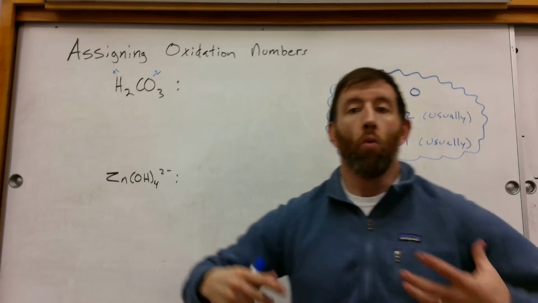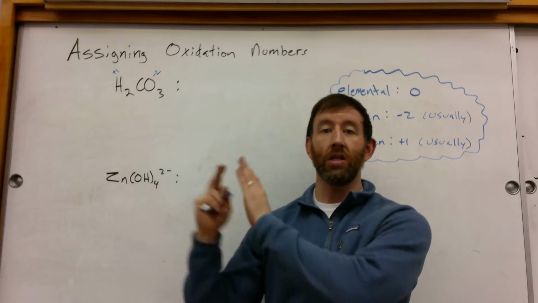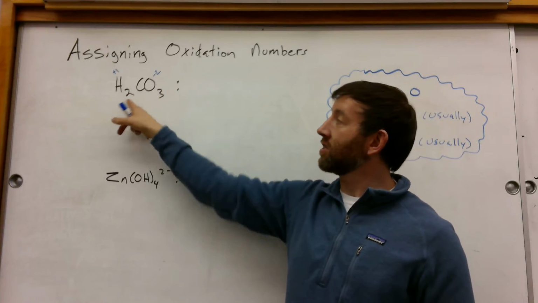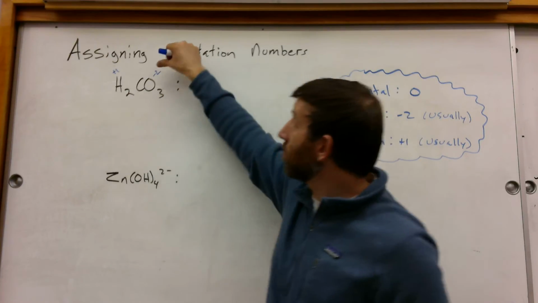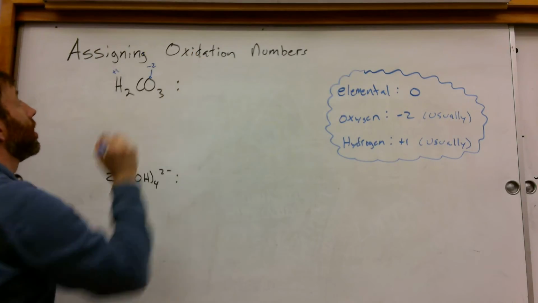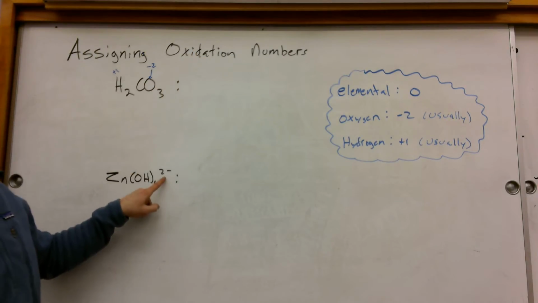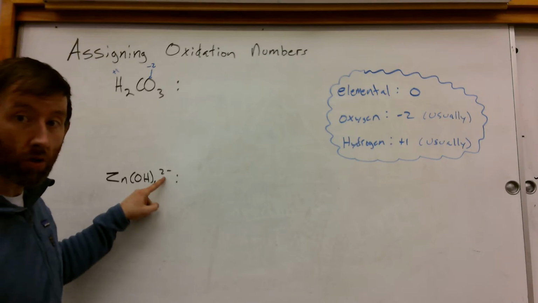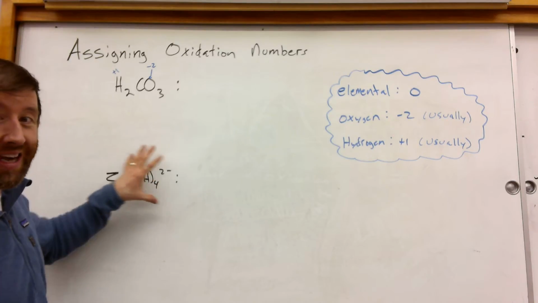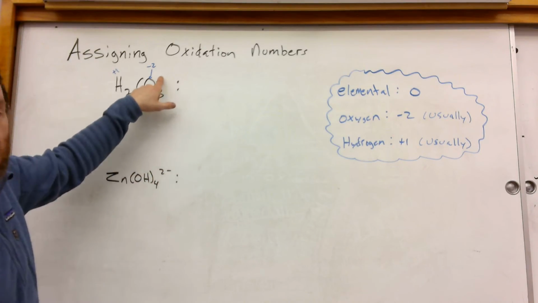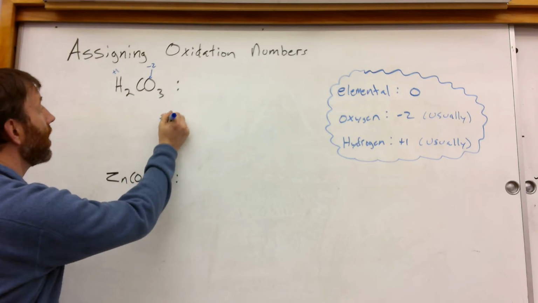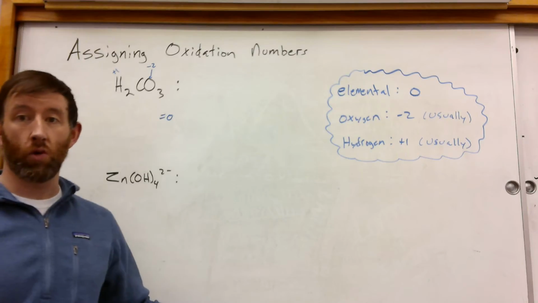So what we have to do is look at this compound in its entirety. Now, in chemistry, if this entire compound had an actual charge, there'd be a little charge up there, like you see in this zinc hydroxide, goofy little obscure molecule here, right? See how that has a 2- there? That's telling me that this whole thing has a charge of -2. There is no associated charge here. So I'm going to set the sum of all the oxidation numbers equal to 0 in this case.